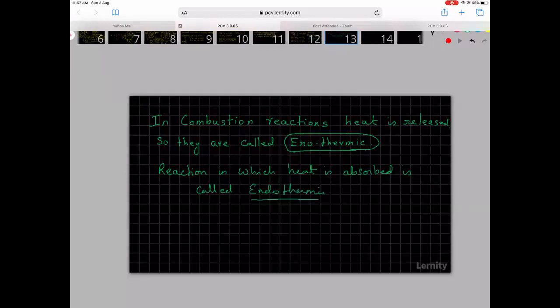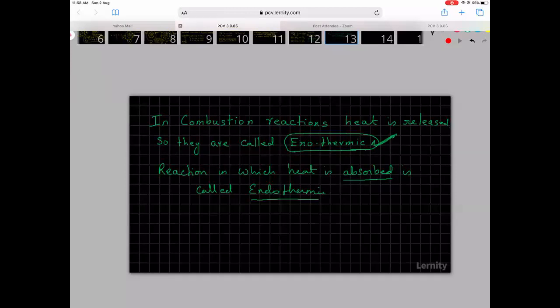Exothermic, heat is released. Endothermic, heat is absorbed. In all combustion reactions, heat is released, so they are termed exothermic.